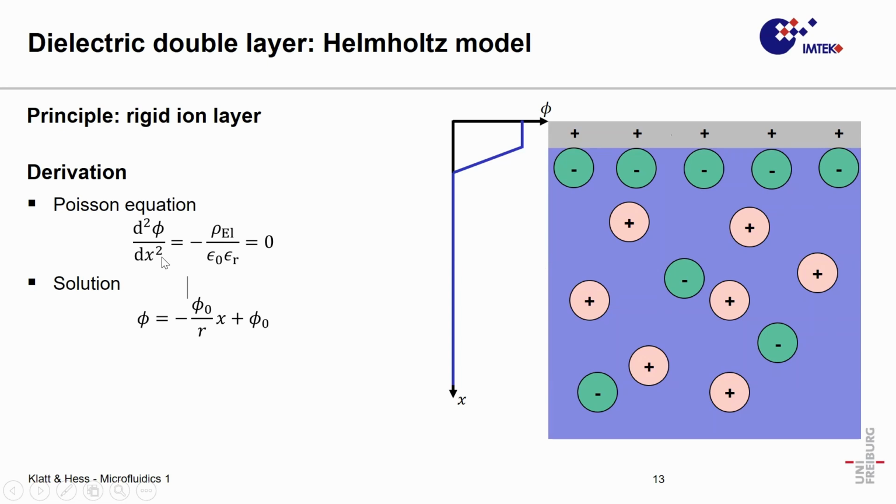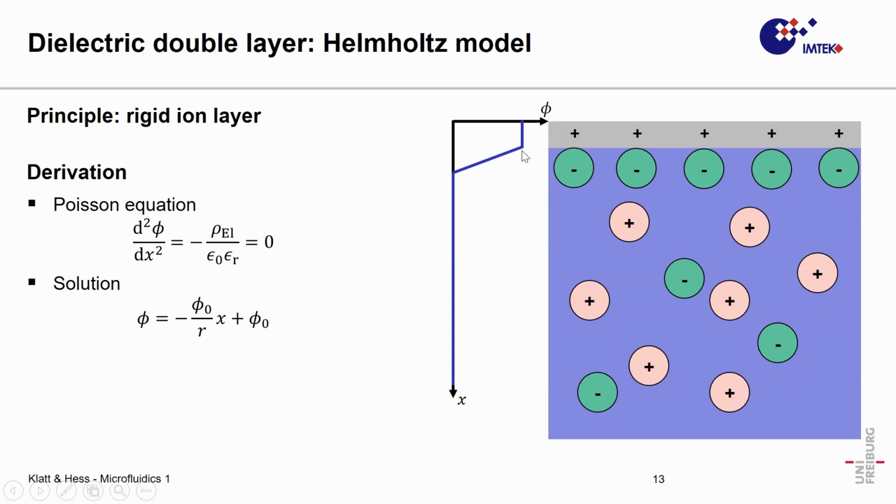So we have to integrate it twice. You will see that the first integration results in a constant, and the second integration will give you an additional constant phi0. It will also add the variable x to your equation.